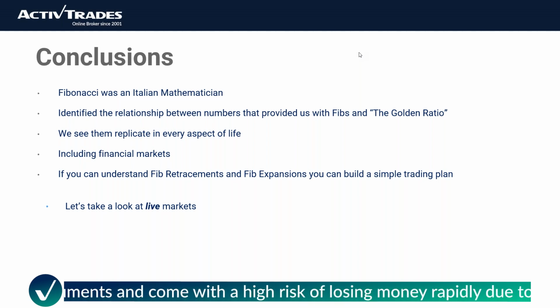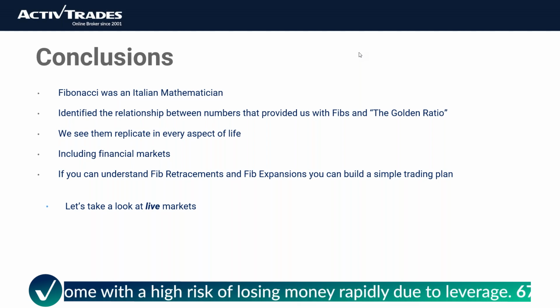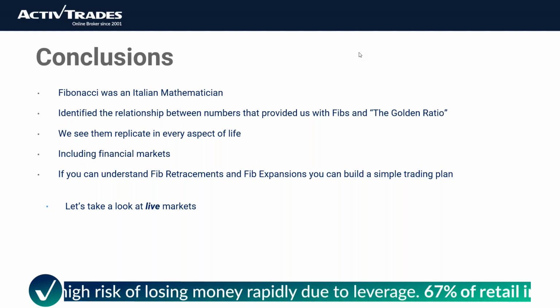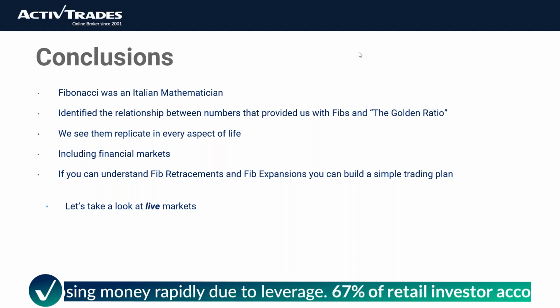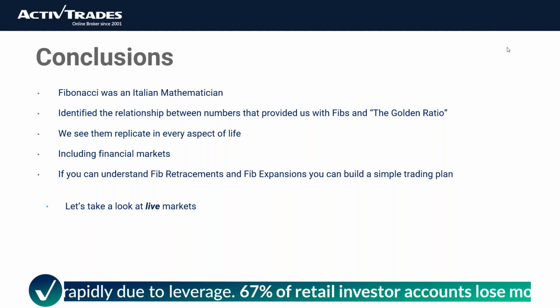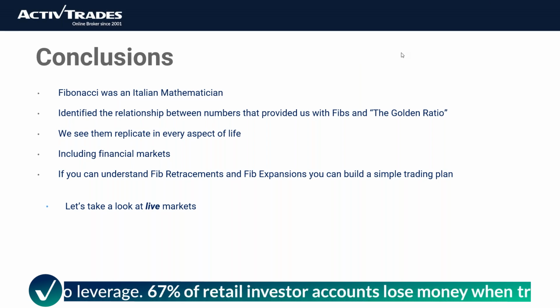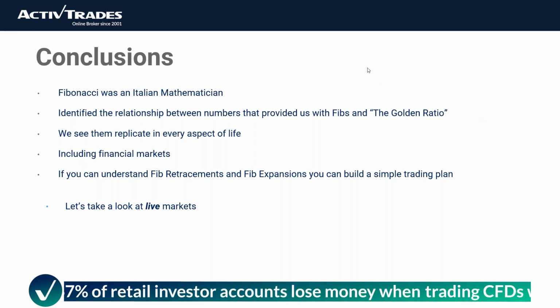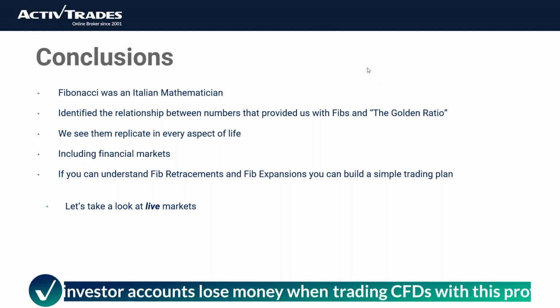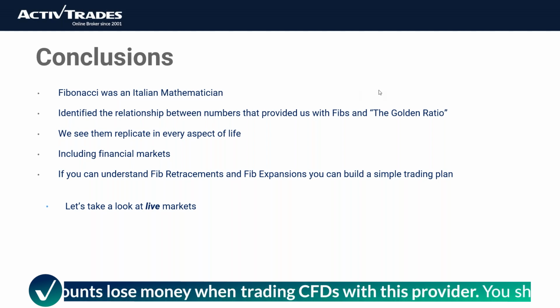That golden ratio replicates itself in every aspect of life, including financial markets. And if you can understand Fibonacci retracements and Fibonacci expansions, then you can build a very simple trading plan.